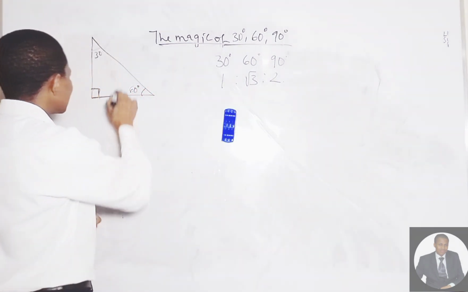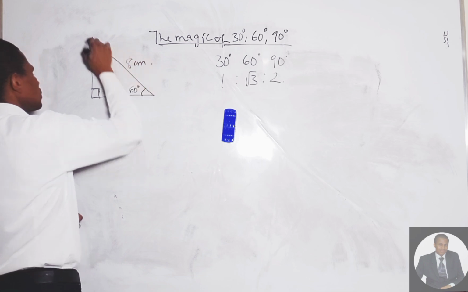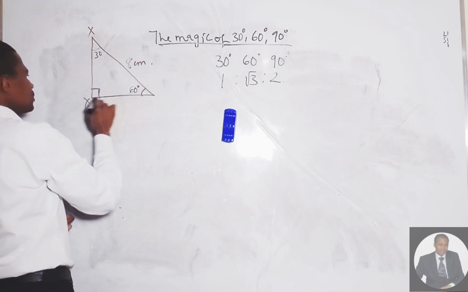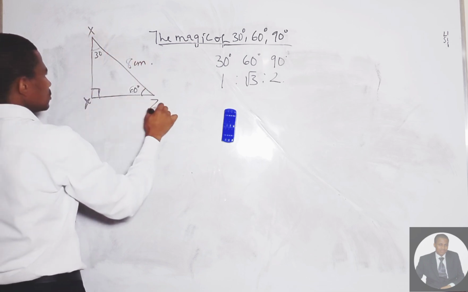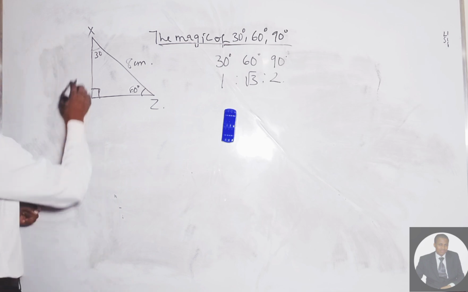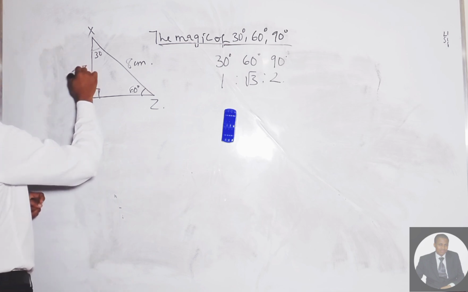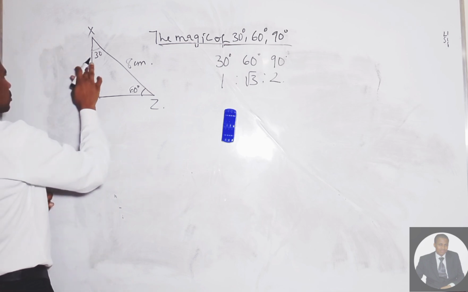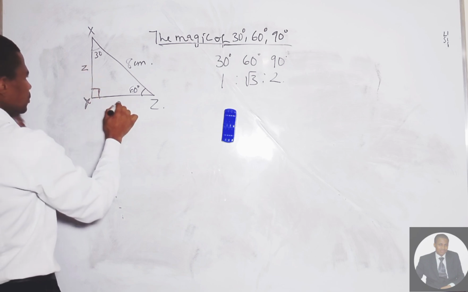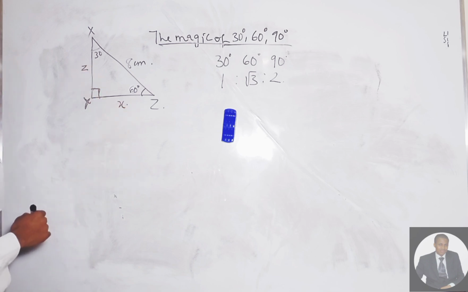The side facing angle 90 is 8 centimeter. Let's call it X, Y, Z. So we are asked to look for Z and we are asked to look for X here.